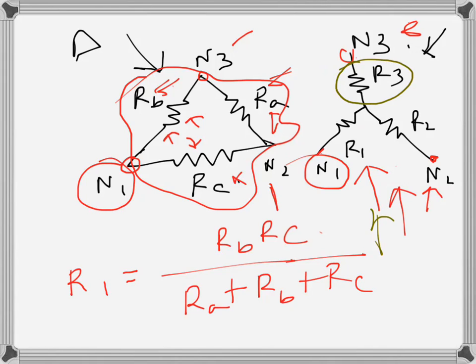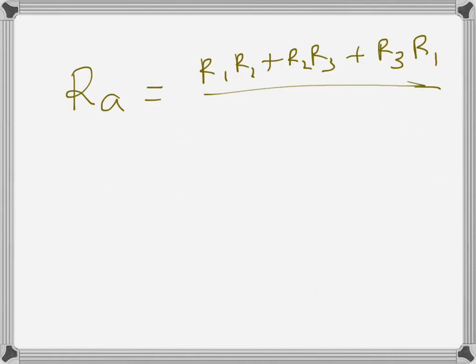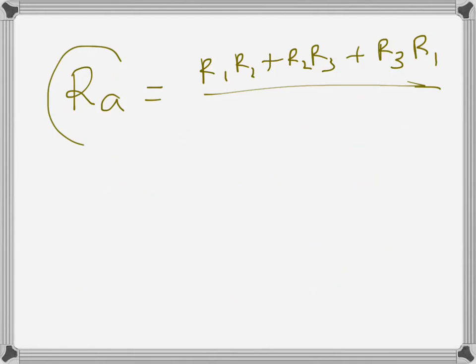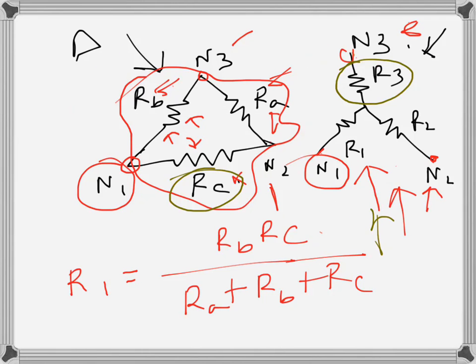since this is R3, we will see this is connected to node 3. So what is the other opposite resistance that is here? So this one is RC. So I was saying this is RA we want to find. So RA is this resistance that is connected between node N2 and N3.